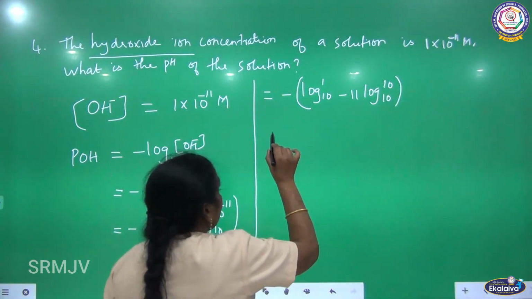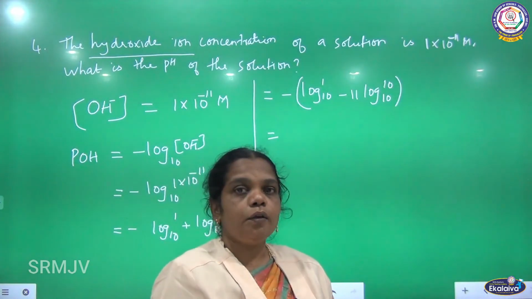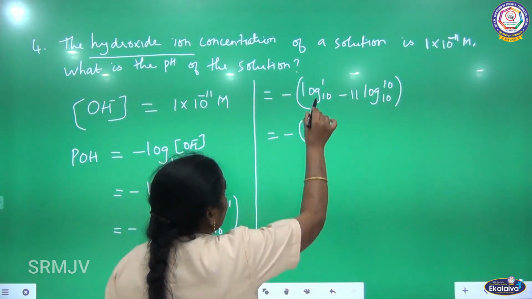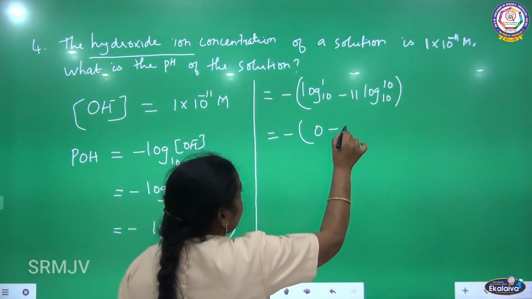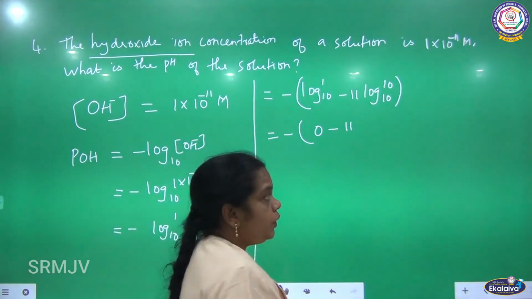And now you have to apply the value of log 1 to the base 10 and log 10 to the base 10. Now negative of log 1 to the base 10 value is 0, minus 11 into log 10 to the base 10 value is 1.